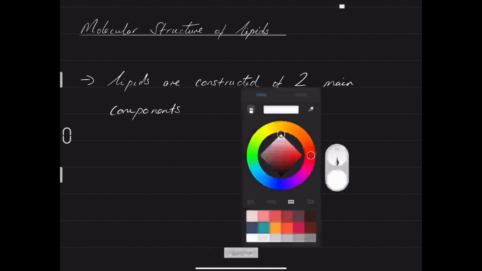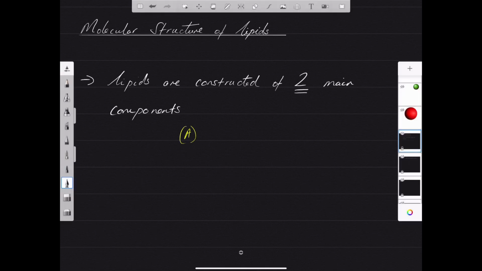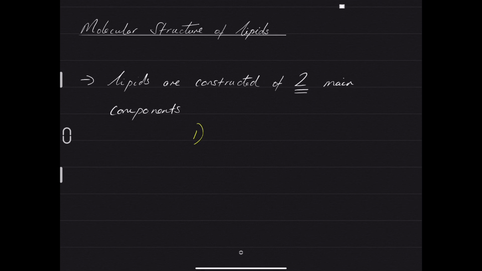One is called a glycerol. This is essentially made up of an organic compound and is a 3 carbon chain length.